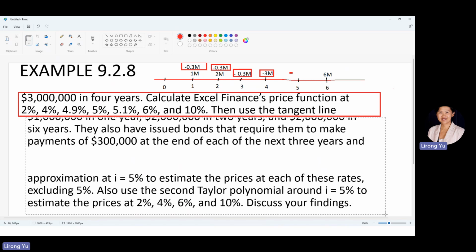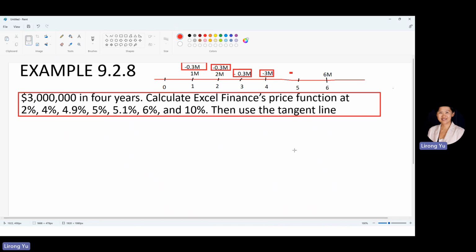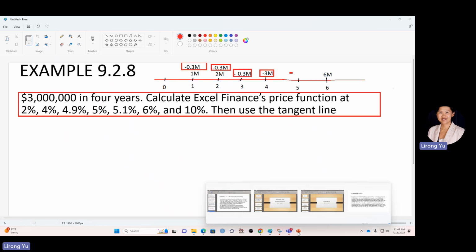Now that we're clear with the cash flow, we're gonna see the differences of the present value calculation. So you get 1 million minus 0.3 million, discounted for 1 year to get the present value. 2 minus 0.3 million discounted for 2 years to get the present value.